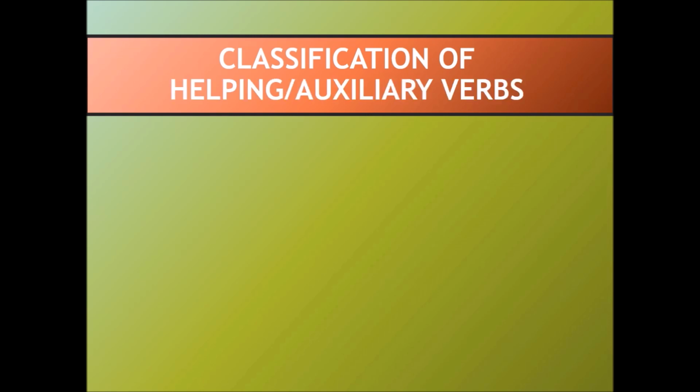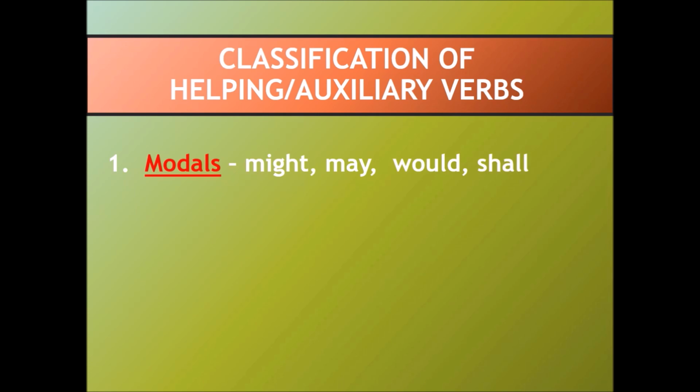Since we have been mentioning the helping verbs, which are also called auxiliary verbs, then let's have the classification of helping and auxiliary verbs. The first one is modals: might, may, would, shall, and endless modals. Okay, they are many.